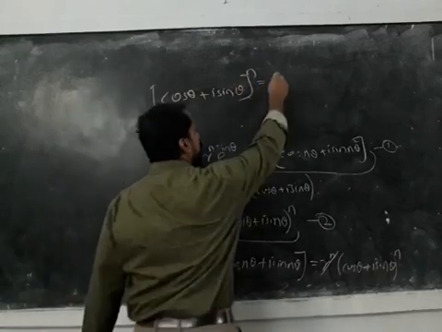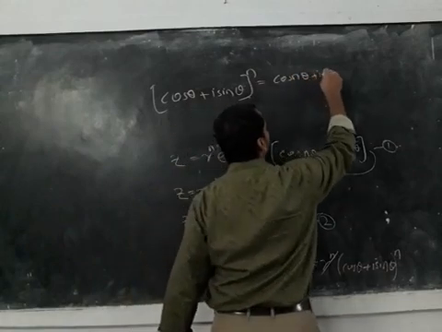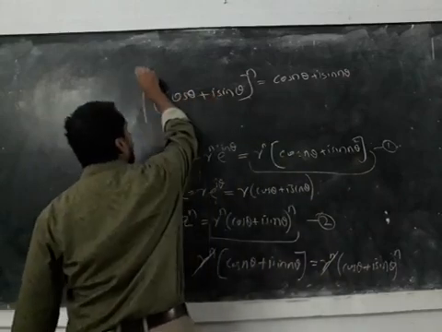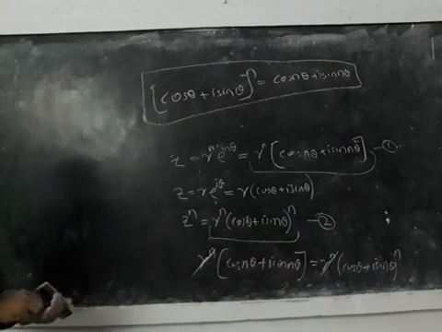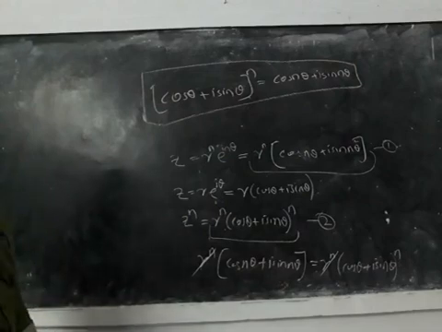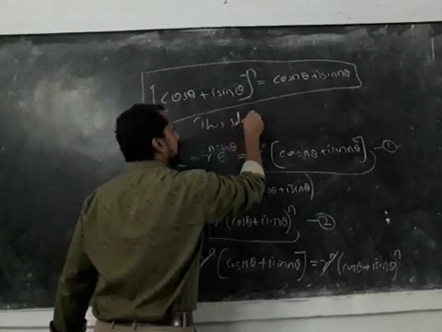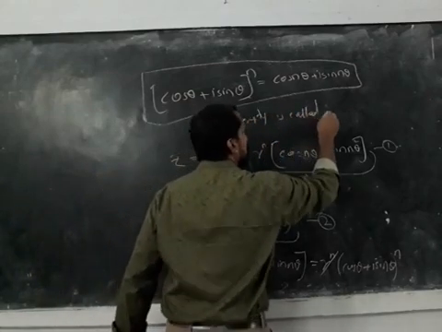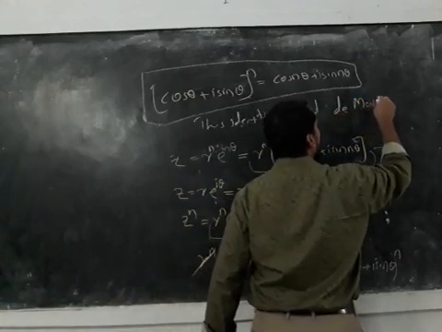is equal to cos n theta plus i sin n theta. And this identity you may need at many places, and this identity is called De Moivre's identity.